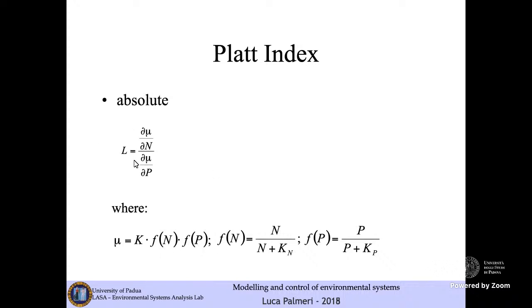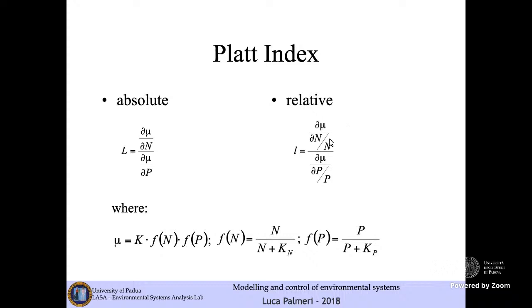In the evaluation of the absolute Platt index, you shall employ the Michaelis-Menten formulation for the limiting effect on growth of the nutrients, nitrogen and phosphorus. The second form of the Platt index is the relative form, in which we do the same evaluation, but we normalize it by the total values of nitrogen and phosphorus. This is especially important when we have significantly different limiting effects linked to the two nutrients.